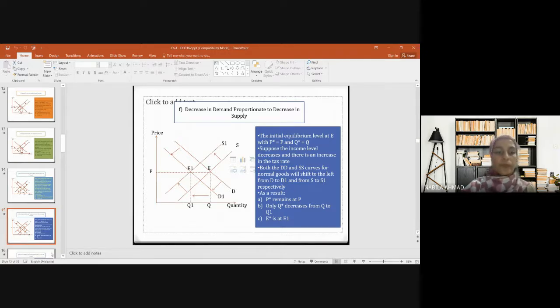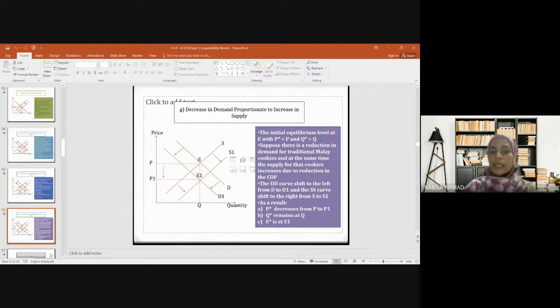Okay? Right, and then decrease in demand proportionate to increase in supply. For example, there is a reduction in the demand for traditional Malay cookies. Yeah, demand decreases and at the same time supply increases.